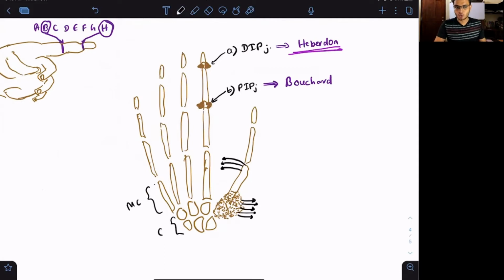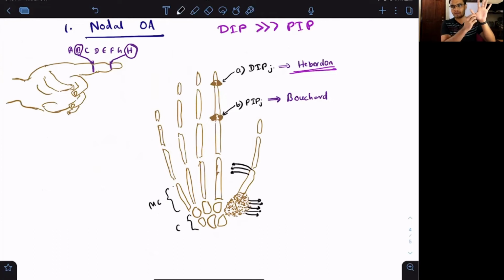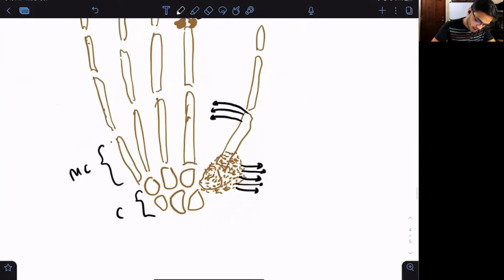Whenever the thumb is being brought close to the palm, what do we call it? Adduction. So there is first metacarpal adduction.